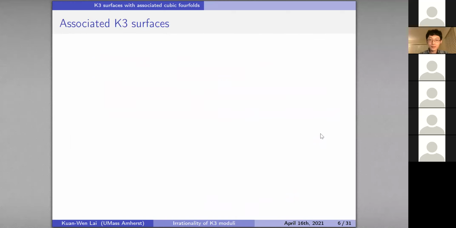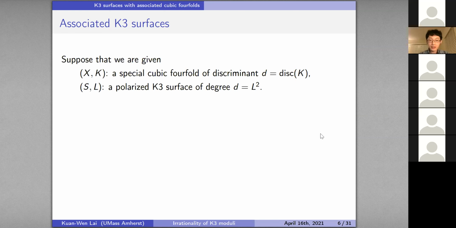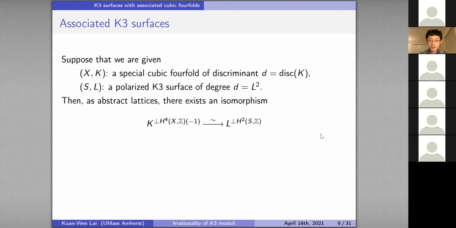So what do we mean by associated K3 surfaces or associated cubic fourfolds? Suppose we are given a special cubic fourfold carrying a labeling of discriminant D, and suppose we also have a polarized K3 surface of degree D. As abstract lattices, we always have the following isomorphism. On the left-hand side is the orthogonal complement of K, the labeling, inside the middle cohomology of X, twisted by -1.